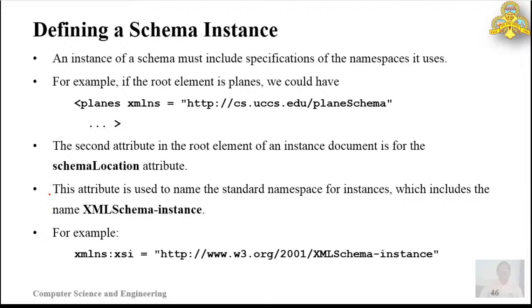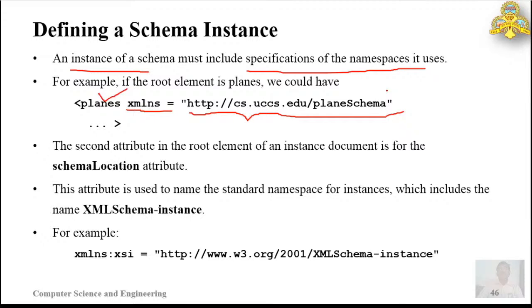In the XML document we have to include the definitions, that is the schema definition, by using XMLNS. So an instance of a schema must include specifications of the namespace it uses. For example, here XMLNS is the namespace for the root element planes, from the specified URI.